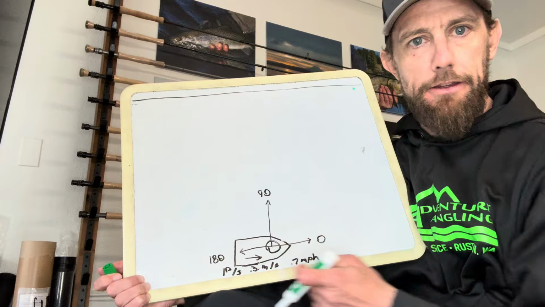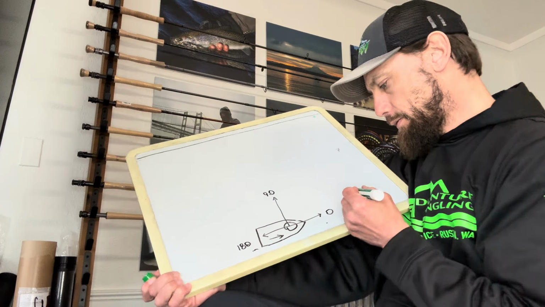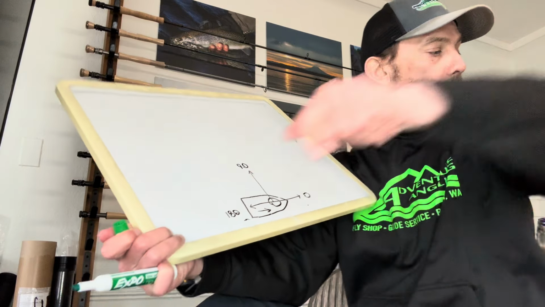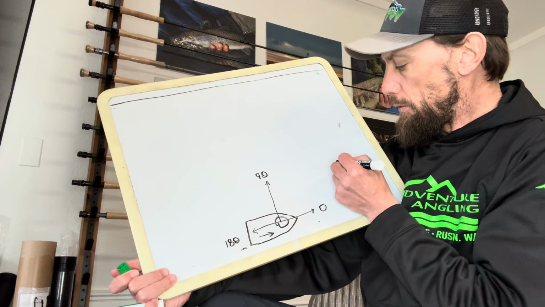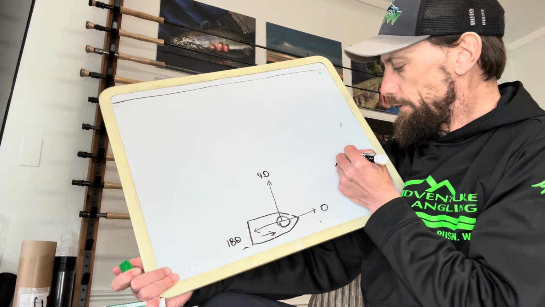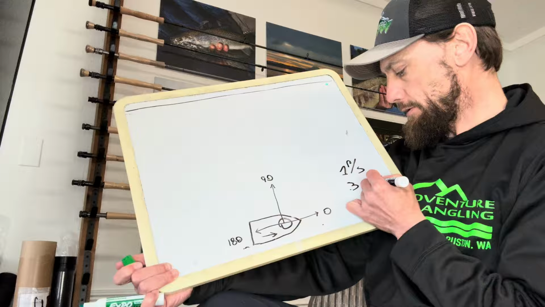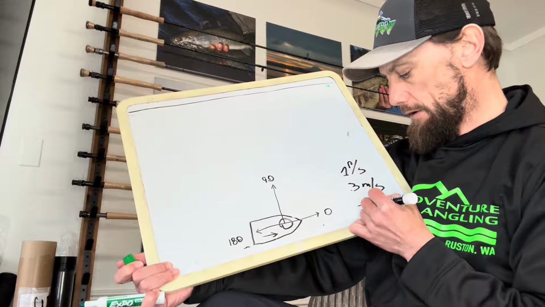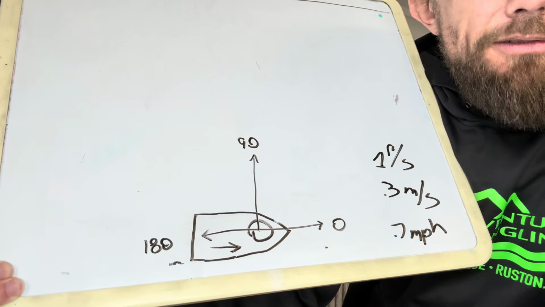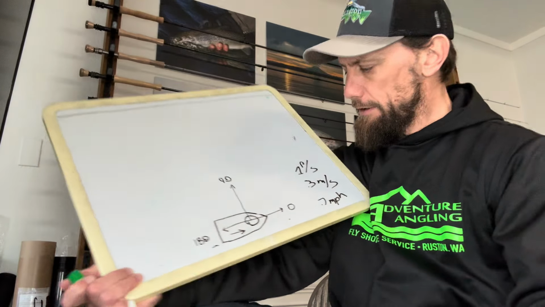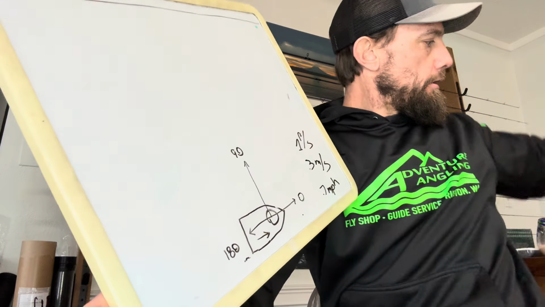You want to be moving at about 1 foot per second, or 0.3 meters per second, or 0.7 mph. That's still not great, but you know what it means. Deal with it.